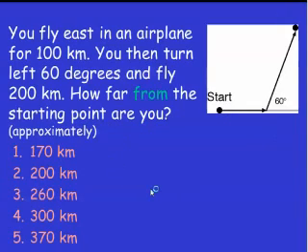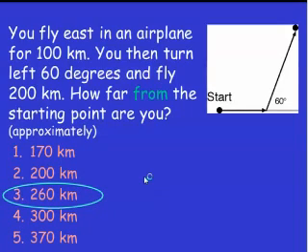So now you can use those two pieces of information to find out how far you are. So that would be the diagonal from the start to the end. How far are you from the starting point? And I will let you pause and figure that out and then come back and check your answer.